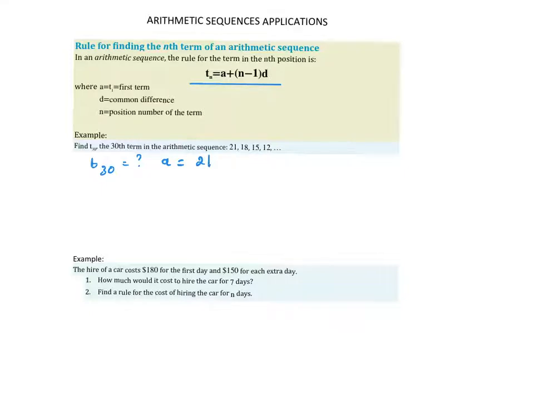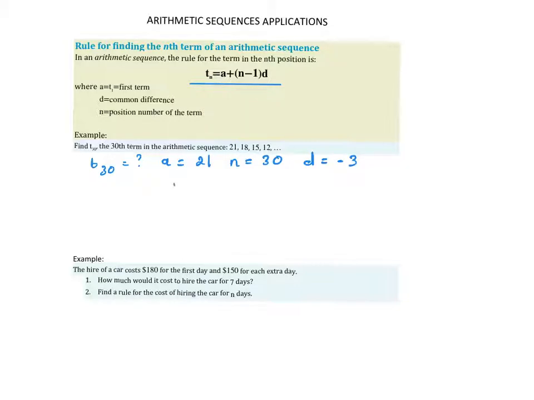We should know now, because we're looking for T30, that n is going to be equal to 30, and d, the common difference, well, we're told it's arithmetic, so the difference between all of the terms should be the same. So 18 take away 21 is minus 3, because remember the values are going down.